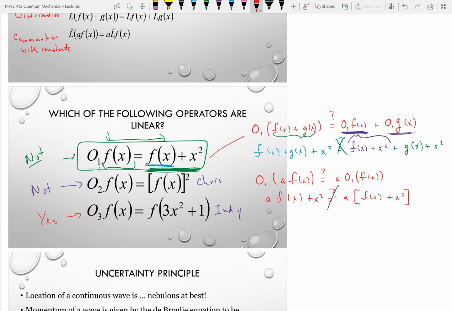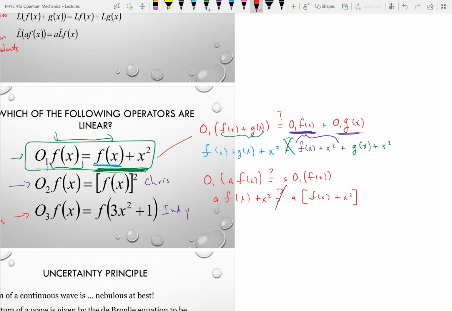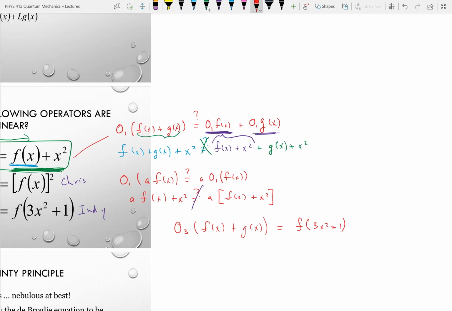For your first test, the operator is replacing x with 3x squared plus 1. Everywhere the x appeared, I'm just changing it to 3x squared plus 1. So x appeared in two different places, so I had the substitution in two places.